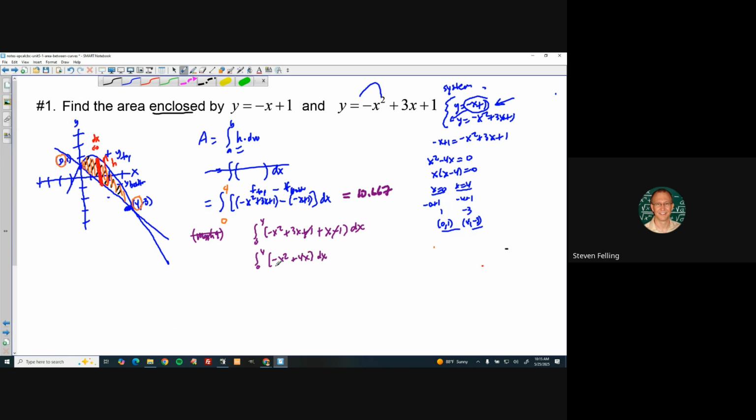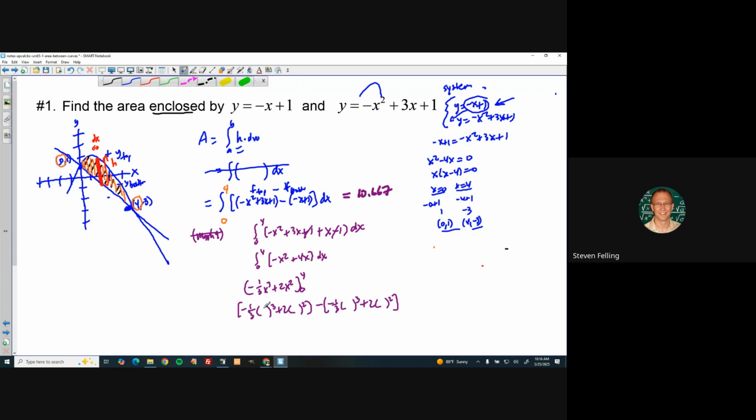And that is going to be, now we need to take the antiderivative by hand and use the fundamental theorem. So this would be negative 1/3 x cubed plus 2x squared integrated from 0 to 4. And then we could take our two copies, negative 1/3 something cubed plus 2 times something squared, minus another copy, negative 1/3 something cubed plus 2 times something squared.